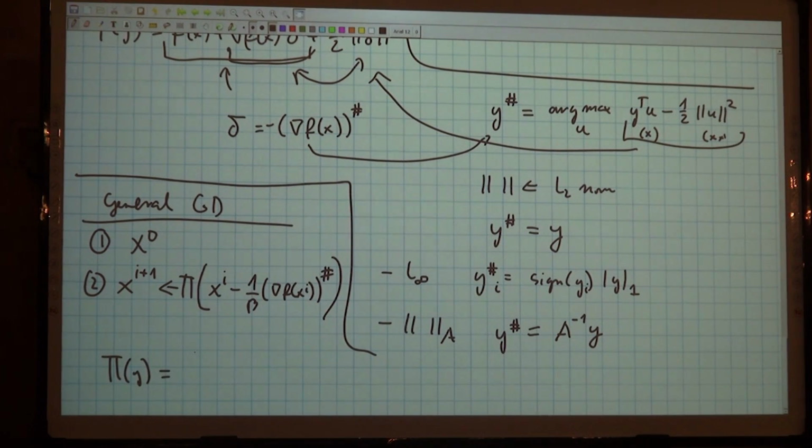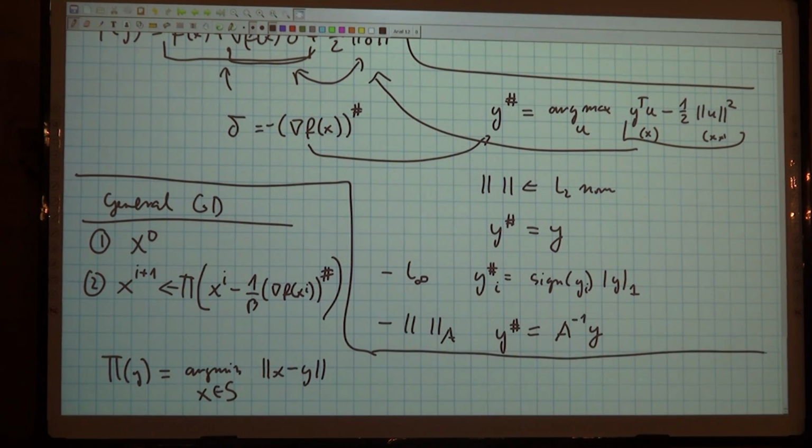The projection of y is just the argmin over x in the constraint set of the difference, measured in whatever norm I'm looking at. So it's just the closest point in that norm.